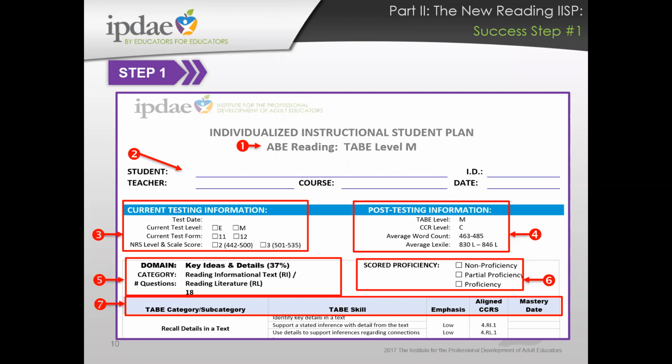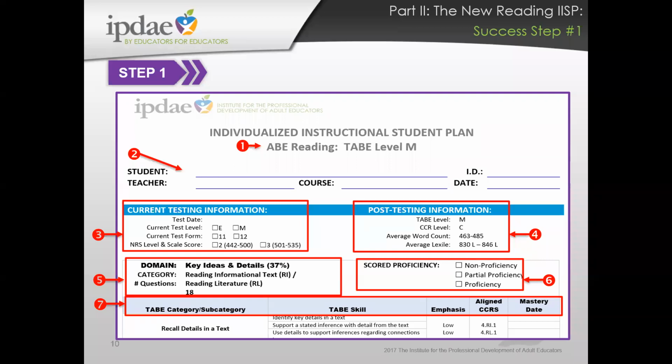Well, the significance is that this plan corresponds to the student's post-test. Remember this, not the pre-test. So for example, because this is a level M plan, this means that this particular student will be post-testing on a level M reading test. Now, understanding this is critical. Again, remember, we are preparing students for a post-test.